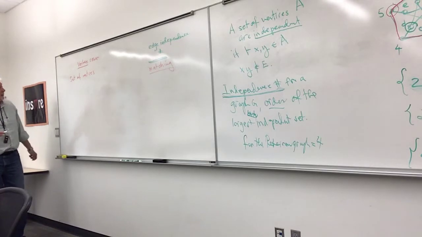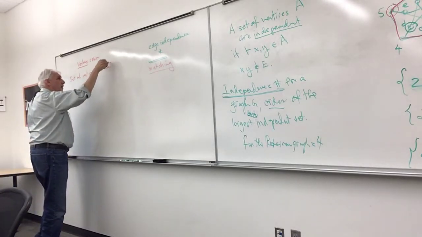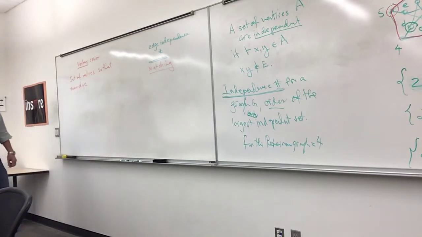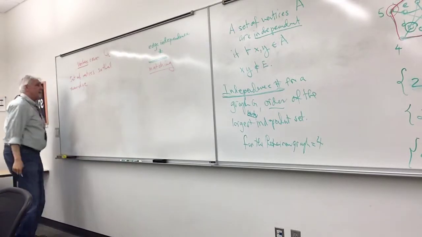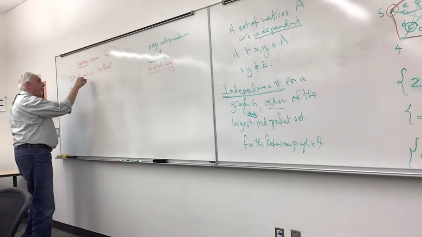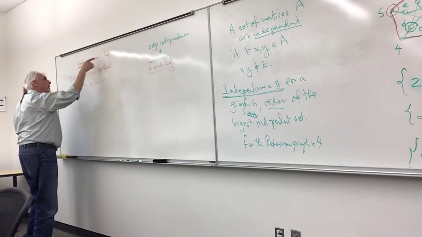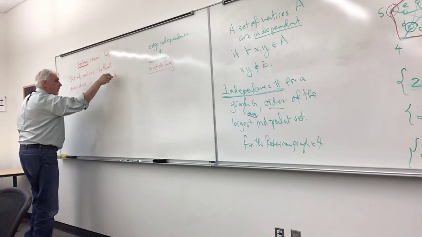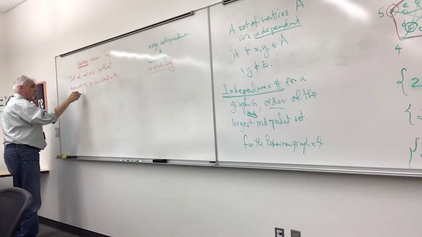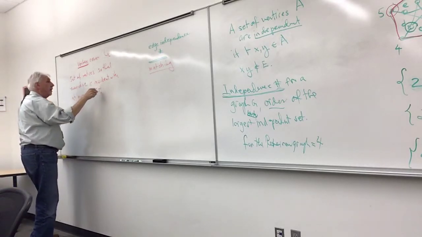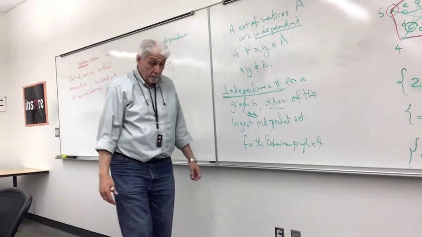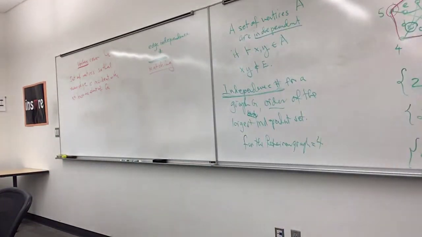Okay, so a vertex cover is a set of vertices so that every edge is incident with at least one element of Q. He calls the cover Q. So Q is a set of vertices so that every edge is incident with at least one element of Q. Okay, that's a vertex cover.